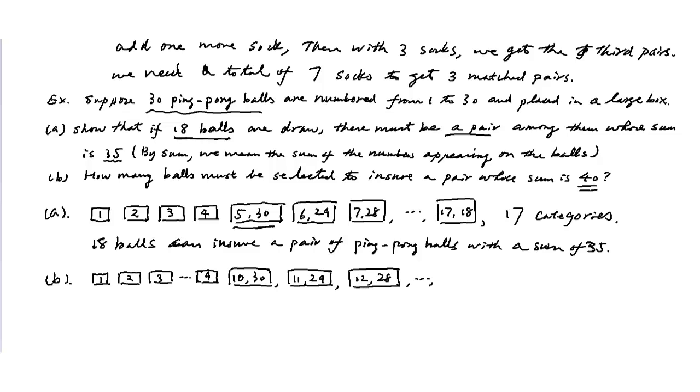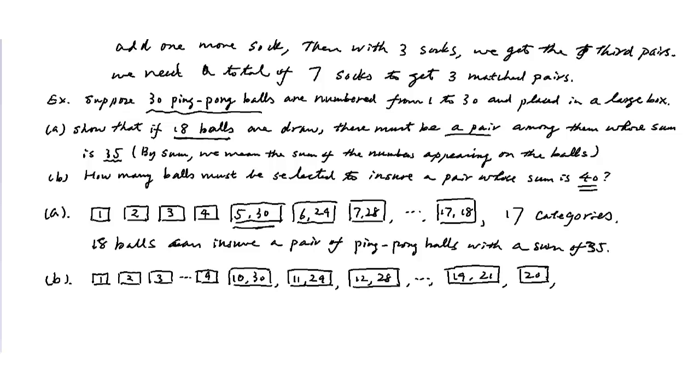And then until 19 and 21, that can make 40. And of course, number 20 does not make 40 with another one because you do not have another 20. So here, how many categories do we have?